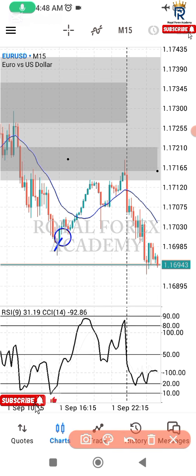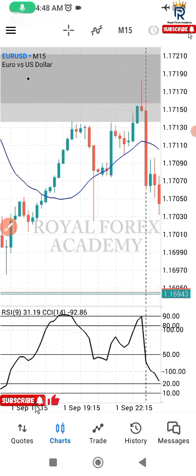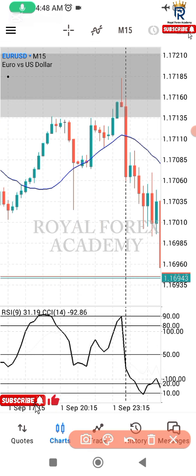Price pulls back into our breakers block, and then immediately we get a rejection, a bearish pin bar. You can see that bearish pin bar there. So this could have been our sell entry.